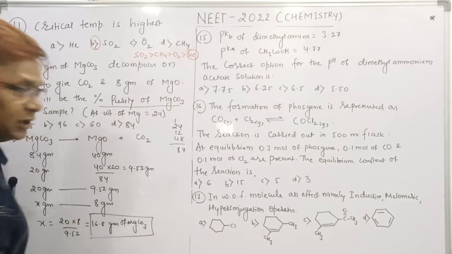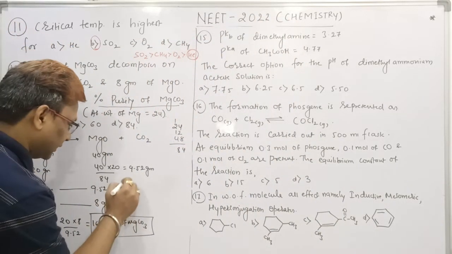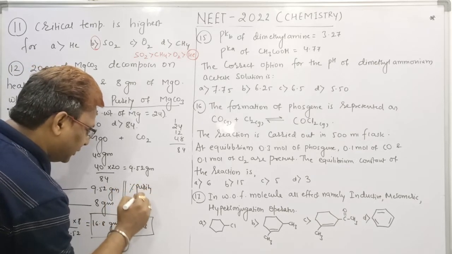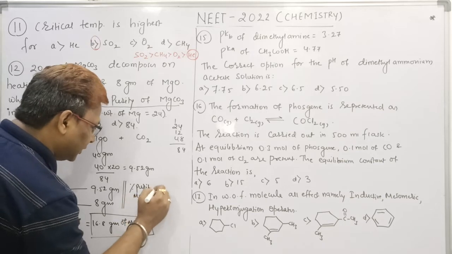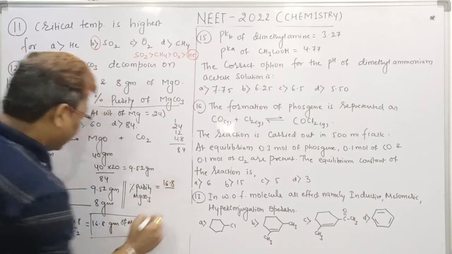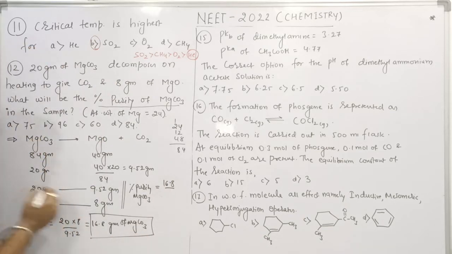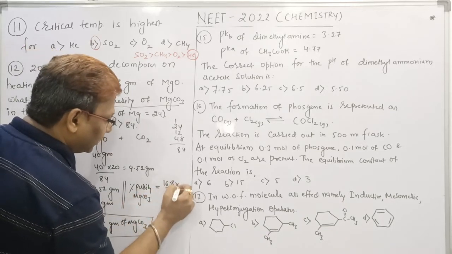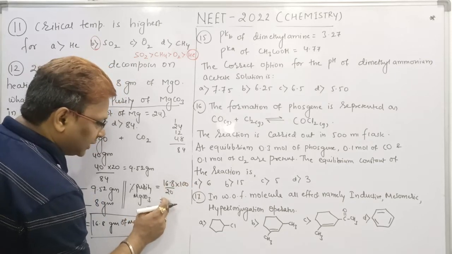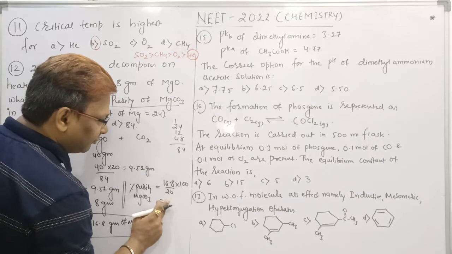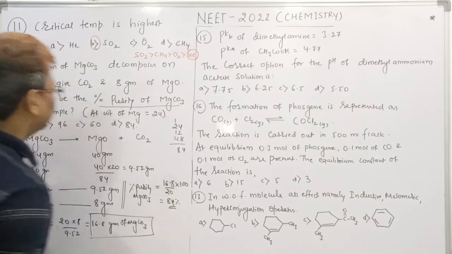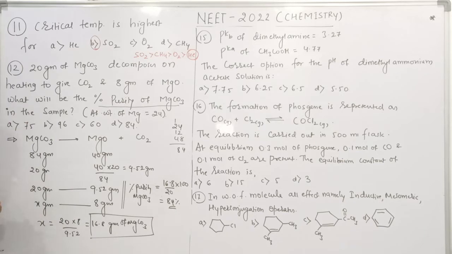Percentage purity of MgCO3 equals actual weight 16.8 by total weight 20 into 100. 16.8 by 20 means 0.84, so 0.84 into 100 becomes 84% purity.